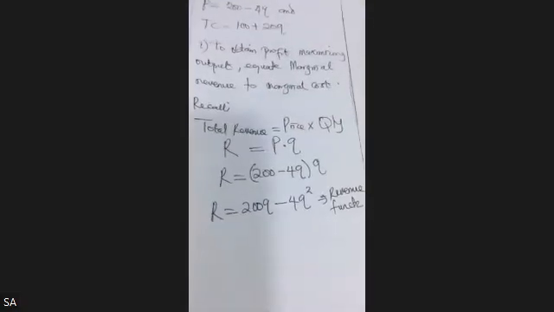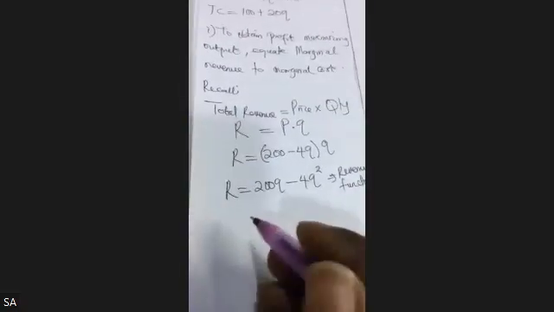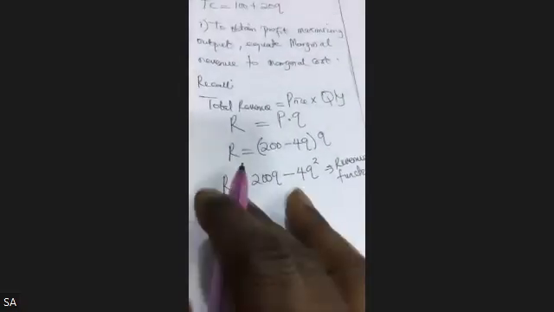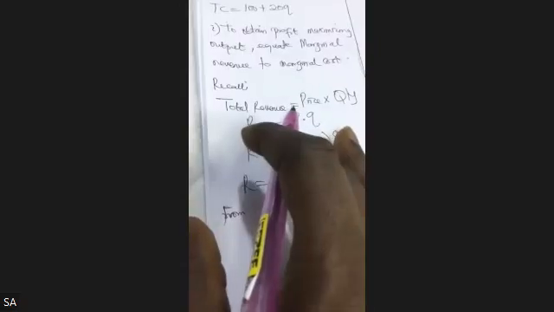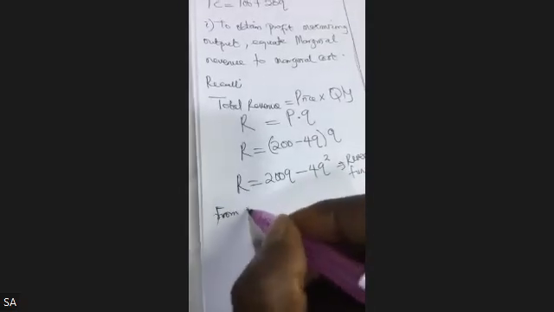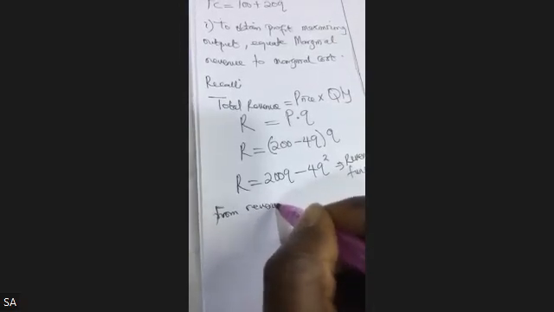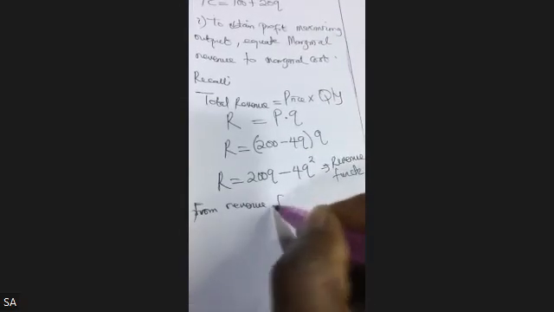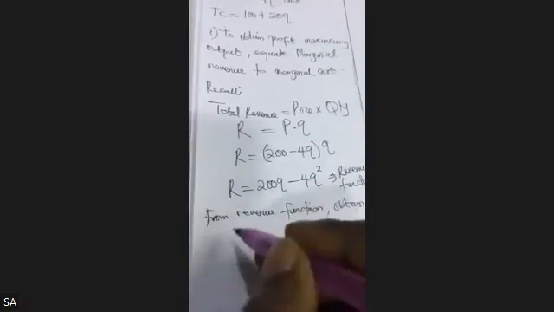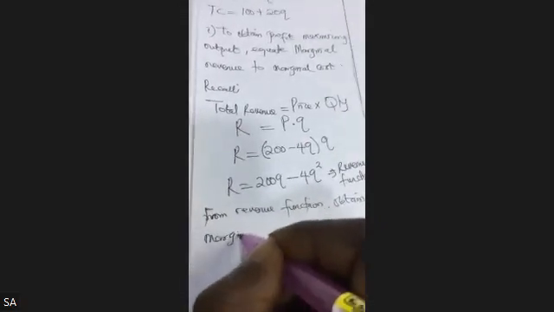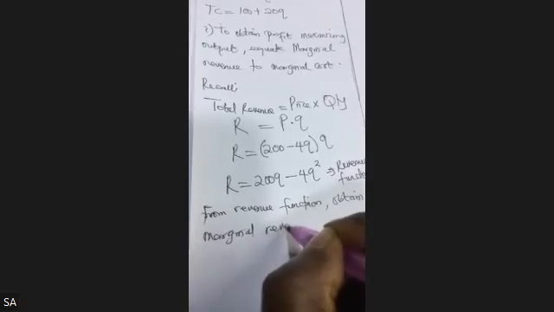Now, the next thing you're going to do: you have total cost already. From the revenue function, obtain marginal revenue. Class, you obtain marginal revenue from the total revenue function.